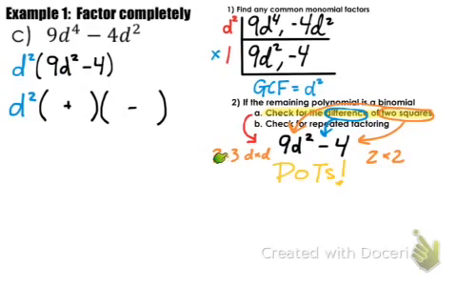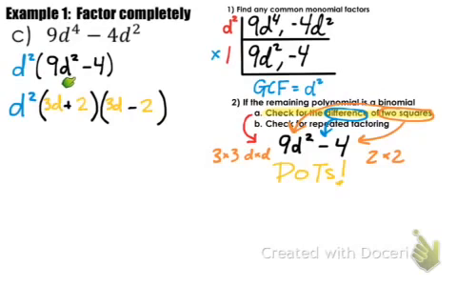The first terms in each binomial have to be the same. So to get 9d squared, we write down 3d and 3d, because 3d times 3d gives us 9d squared. And to get negative 4, what two numbers can we multiply to get negative 4? We have a positive 2 and a negative 2. So this is how we would factor a difference of two squares.